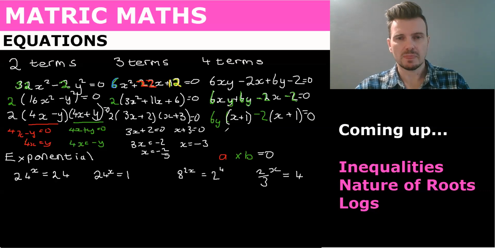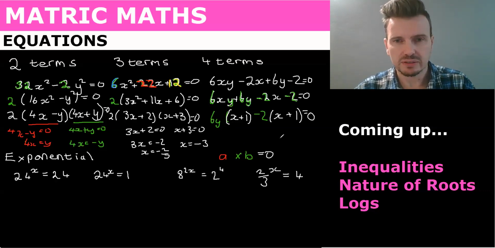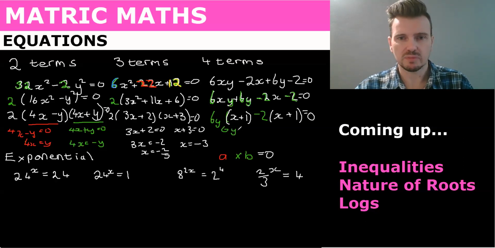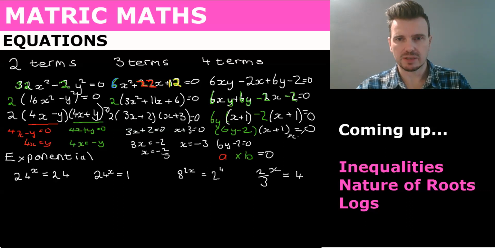For this one, 6y minus 2, I didn't complete this one. Hopefully you're watching on from the last video, and you can see that these are our two brackets. So 6y minus 2 equals 0, or x plus 1 equals 0.